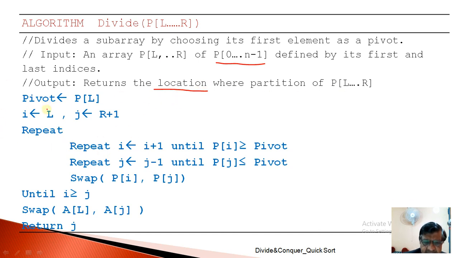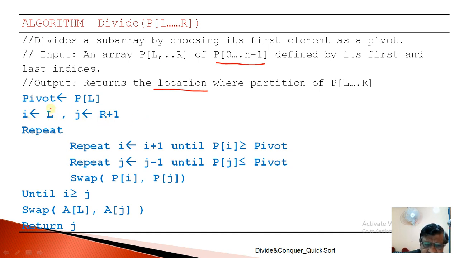Now we will set pivot to be P of L, that is the left extreme element. This is the property of the array itself, therefore the same notation is used, P of L. And we will set I, the left index, which will start moving from left to right, at L, and J at R plus 1.